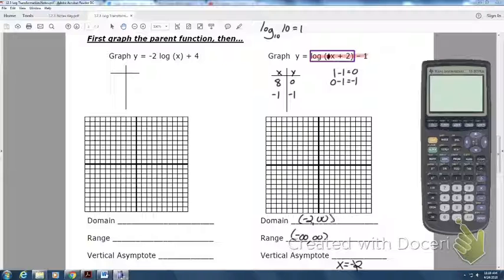So let's go to the graph and actually graph this. So I've got my vertical asymptote at x equals negative 2. Where are my points there? 8, 0. Negative 1, 1. Now, if you graph this and you go to the graph, it probably looks something like this.